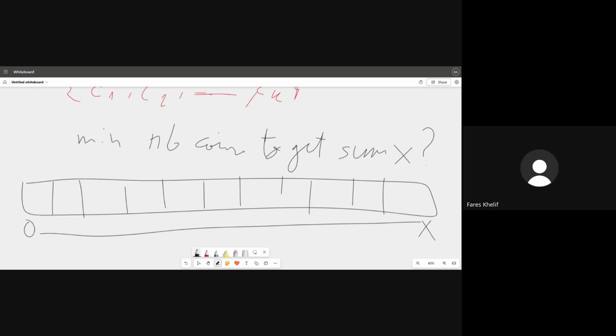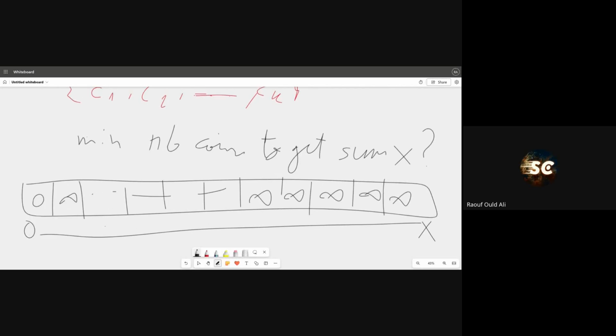We define every value of the vector DP as infinity, except of course the 0, which is 0, because we don't need any coin. Yes. And then we go over all the orderings as in the first problem.